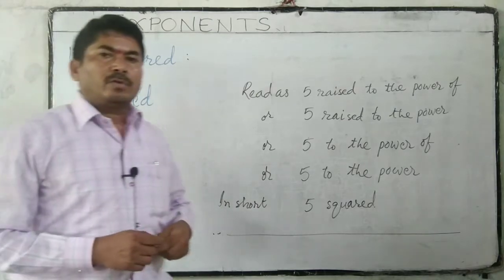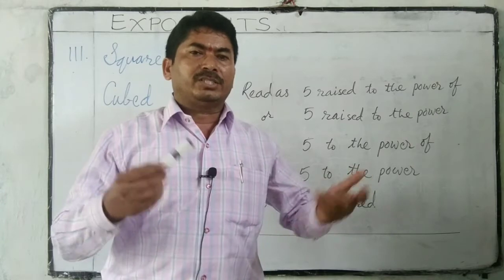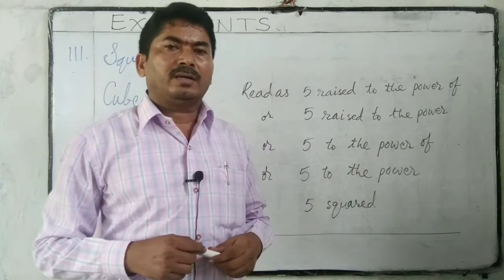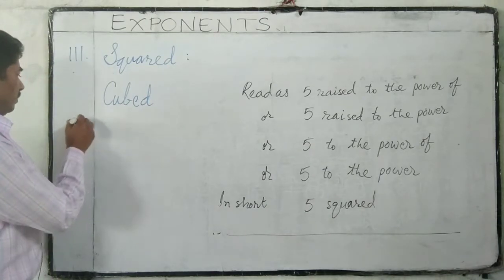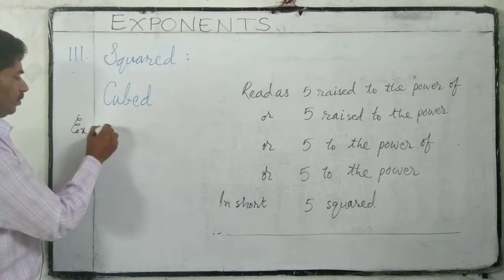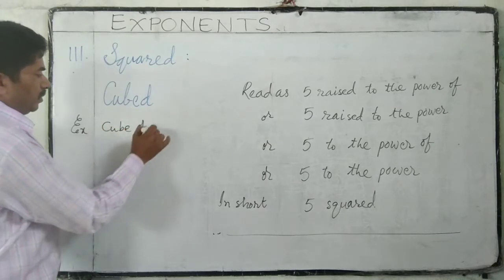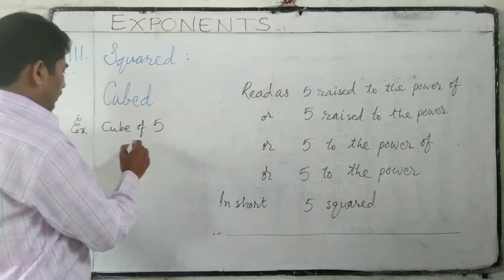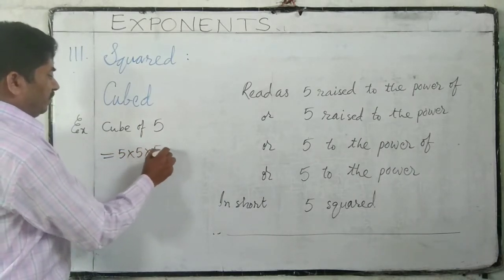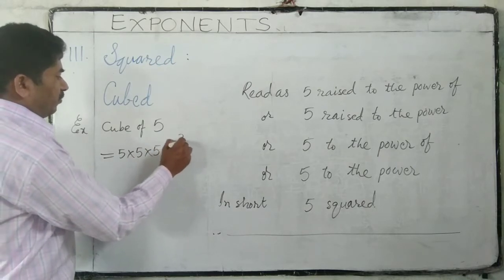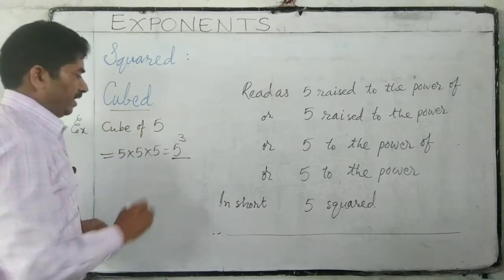Cubed. What is a cube? If a number is multiplied thrice by itself, then the product is called cube of that number. Example, cube of 5 is equal to 5 into 5 into 5 is equal to 5 to the power of 3. This 5 to the power of 3 is called cubed, 5 cubed.